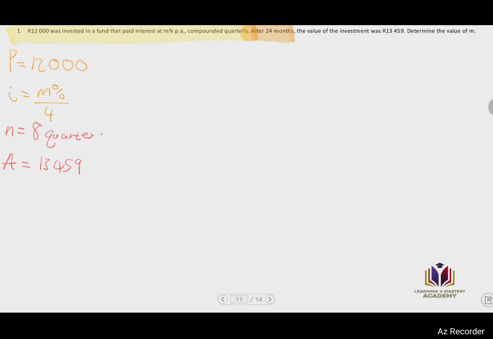Let's proceed. Okay, so the formula we're going to use here is the compound one. Why? Because they said this is compounded quarterly, right? A = P(1 + i)^n.